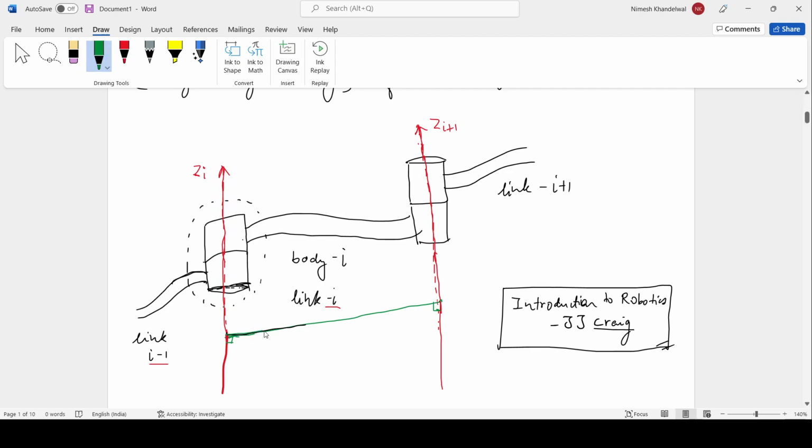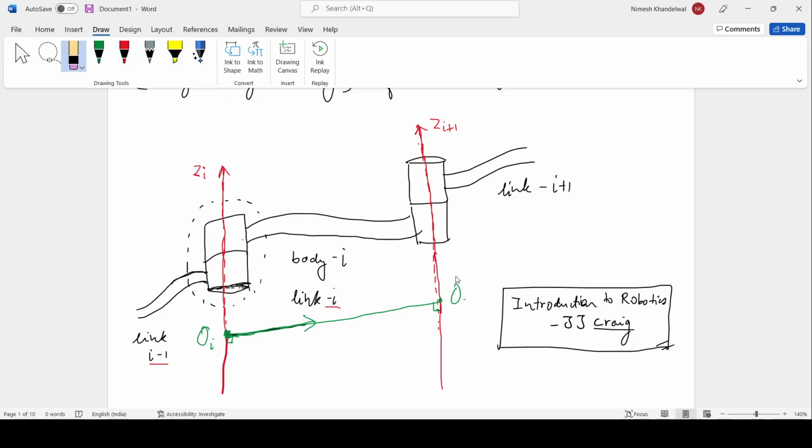The intersecting points of this green line on both of the red lines become the origin of our coordinate frames. So this point becomes the origin for the ith one.